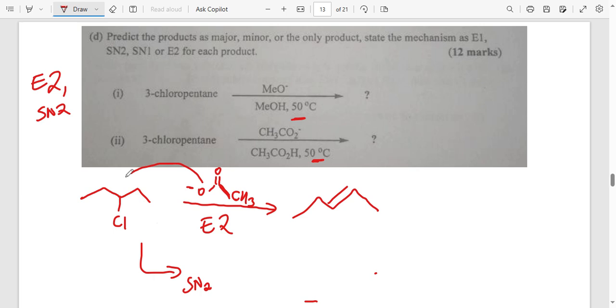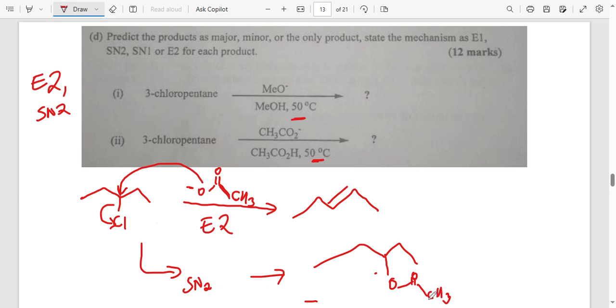This guy will go and attach here. That will break off this bond. And look at the product that we form. We are going to have oxygen attached here, and then it is attached to another oxygen with a double bond, and then it has got a CH3 at the end. So this will be a product.